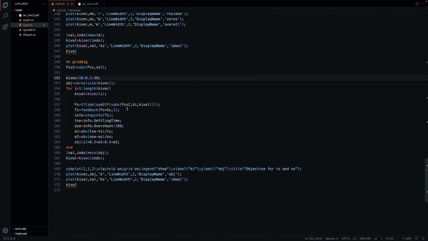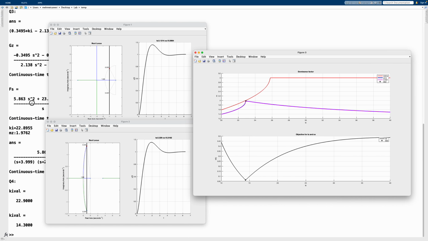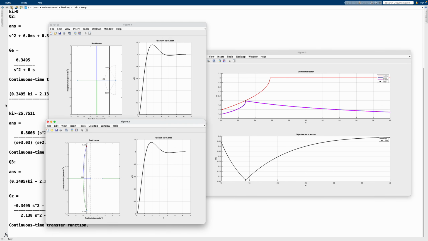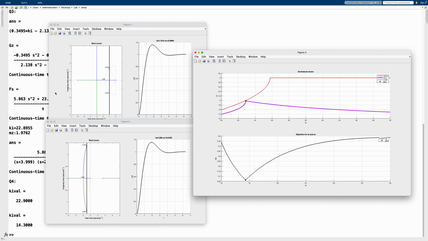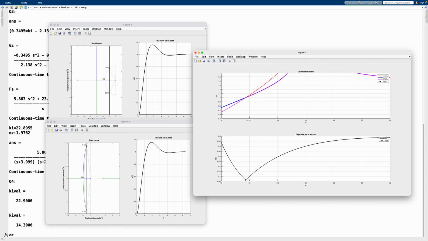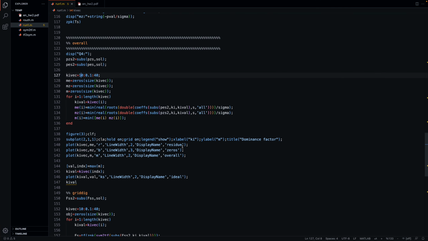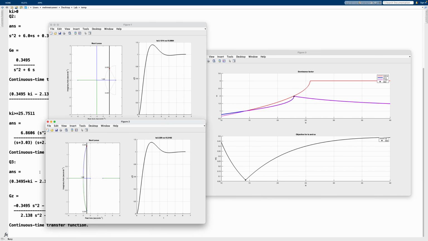So instead of looking from 20, let's start from 10 for the overall dominance factor. And there we go. Now maybe we should just get rid of the line width of the blue one here, because now it doesn't really need to be there.